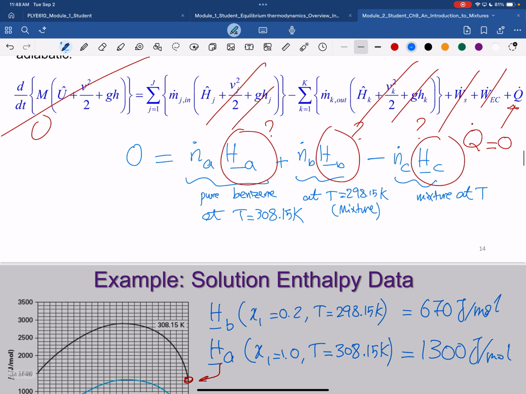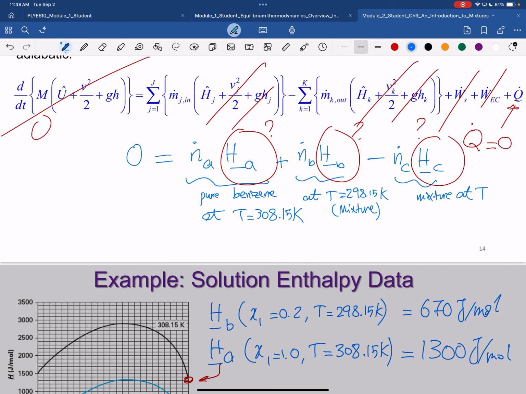So let's go back and look at this equation. Now we know what HA is, right? We know HE, right? So I can use this equation to calculate the enthalpy of the mixture. This is whatever comes out of the mixture that I have. So I can use that to calculate HC. That is good, so let's do that.